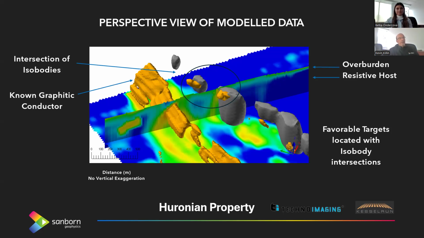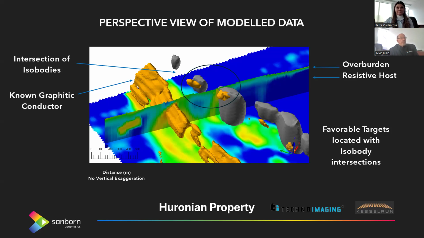The yellow isobody shows conductivity that is greater than 0.3 Siemens per meter, and we can see the graphitic conductor very clearly. Note the isolated bodies that are circled.